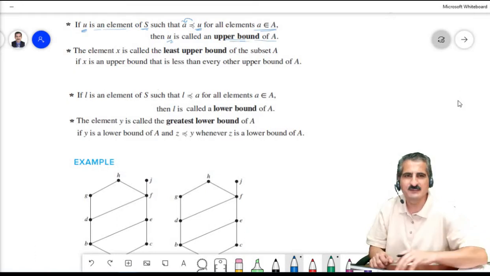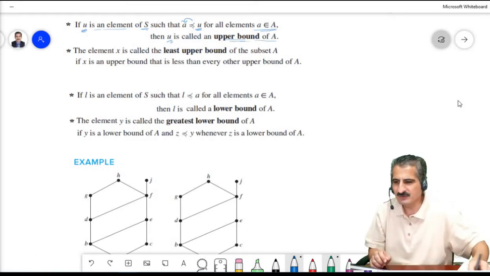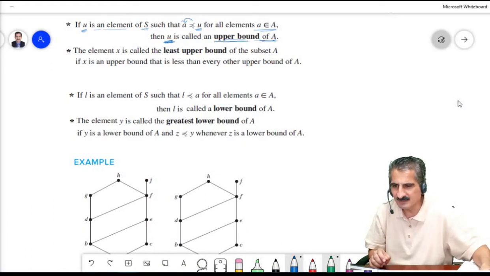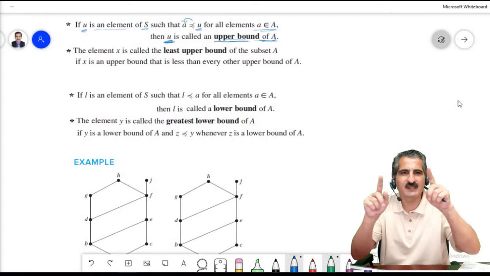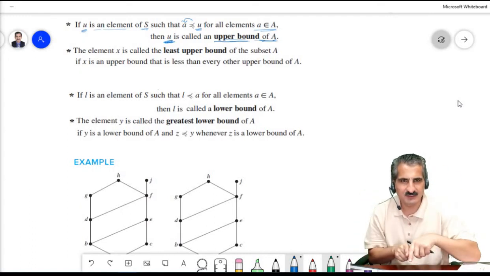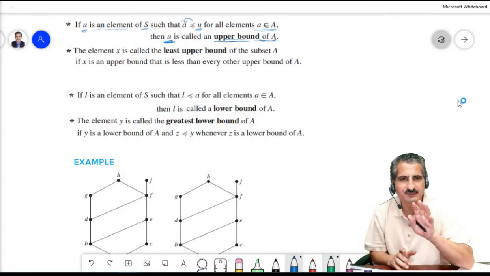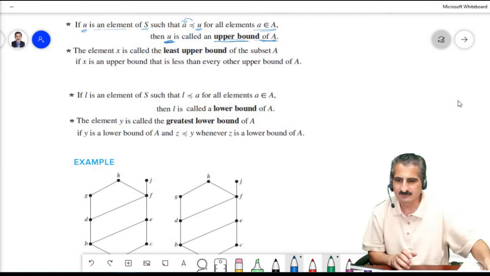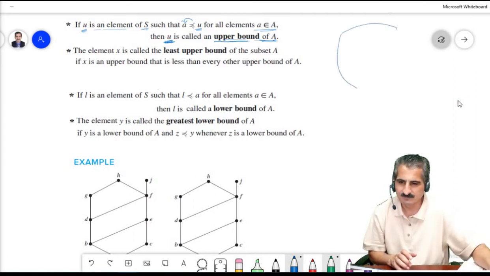Let's make it clear. We want to say here, this element U is an upper bound of a subset A. What's happening? We have a set S, and there's a partial order there. Say this is a set S, and it has some partial order.